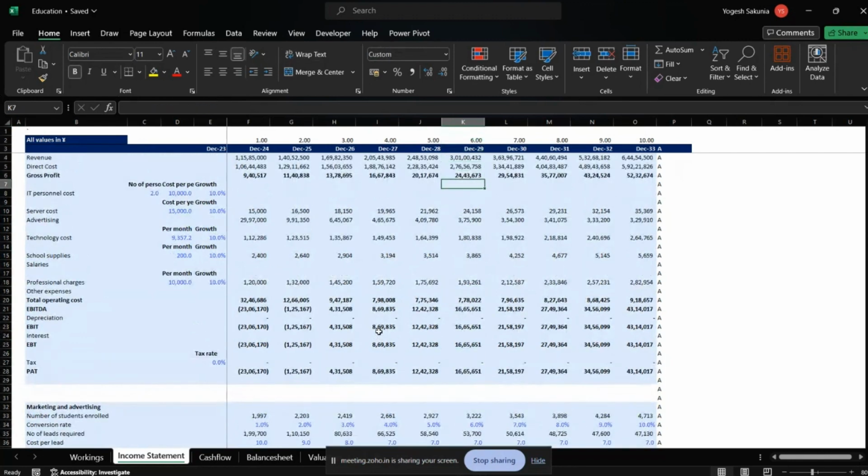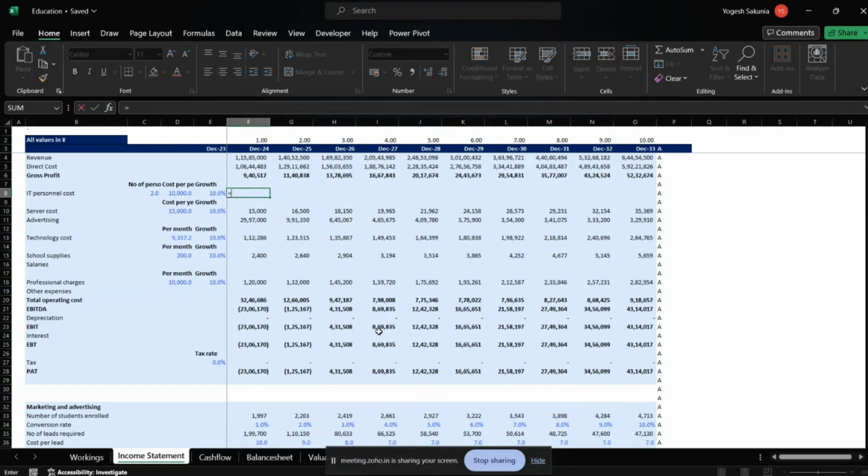The marketing cost is already linked here. Advertising cost is already linked here, so we need not do anything about that. The only other thing that we need to calculate here is the IT personnel cost. We have been given that we would require 2 IT persons. The cost will be 10,000 per year, and their salary is going to grow by 10% every year.